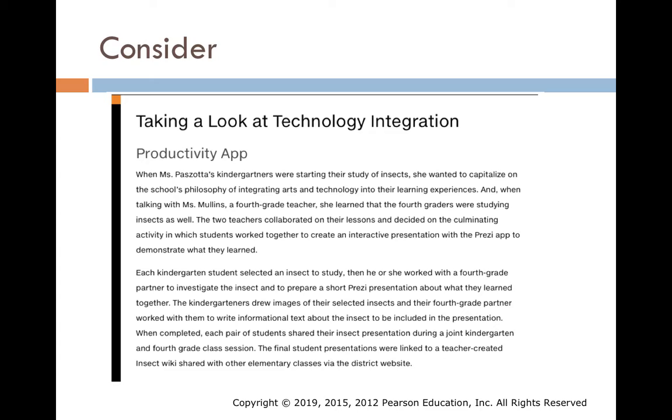And I want you to think about, how could this work in your classroom? And I don't want you to think of this specific idea of they're starting to study insects. You may not study insects. That's okay. But I want you to think about the way that technology was integrated into this scenario and how could that connect to your classroom? What could you get from this scenario that you could apply to your own students?